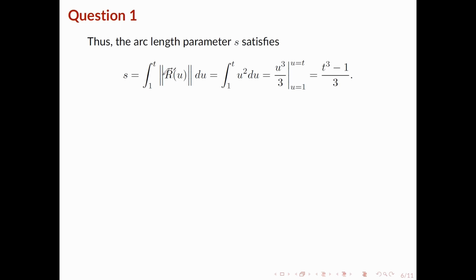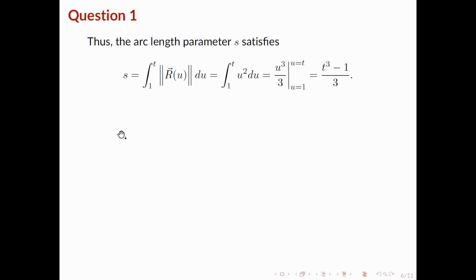So we integrate the magnitude of R prime of u du. So again, we calculated this to be u squared. So we substitute that in, we calculate the integral, and we plug in the bounds of the integration. We get this formula.